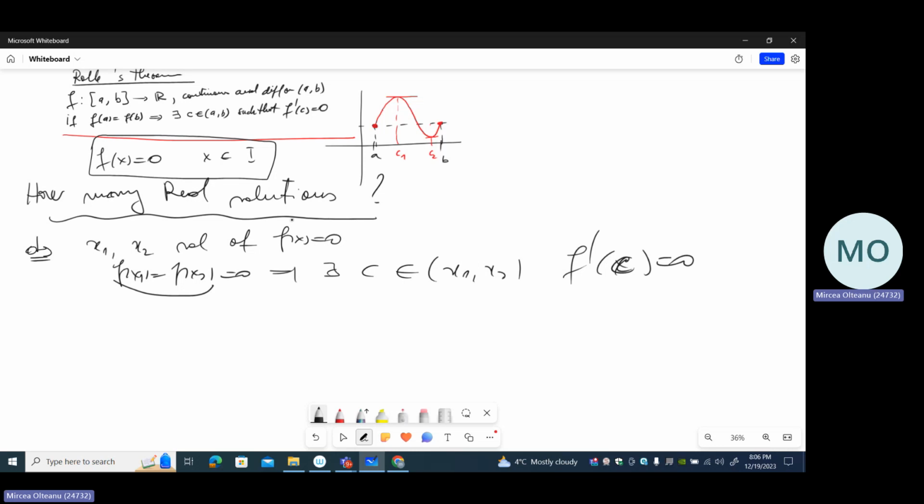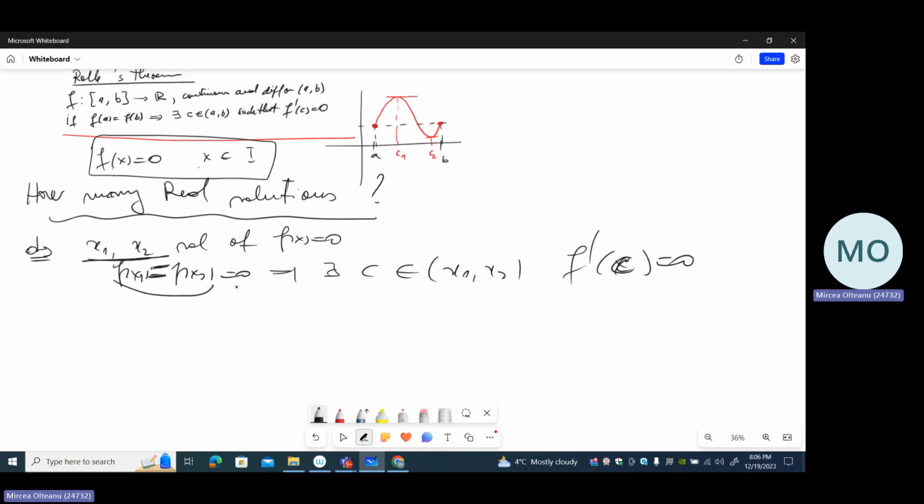Again, I repeat, if the conditions of the theorem are fulfilled on the interval x1, x2. So we can state this property as follows. Between two solutions of the equation f of x equals 0, there must be at least one solution of the equation f prime of x equals 0.